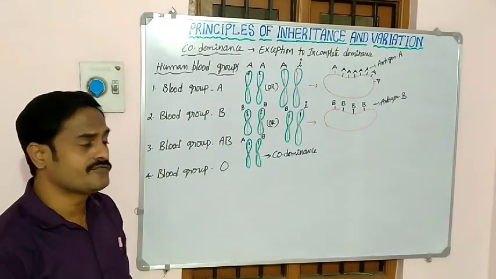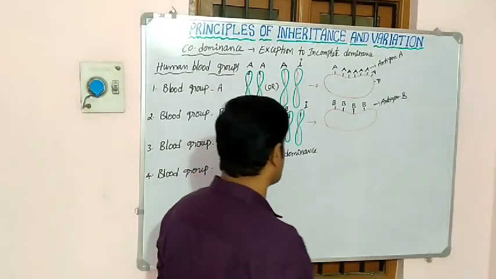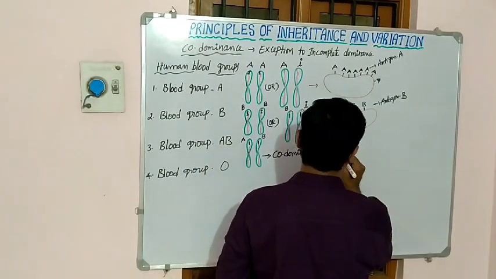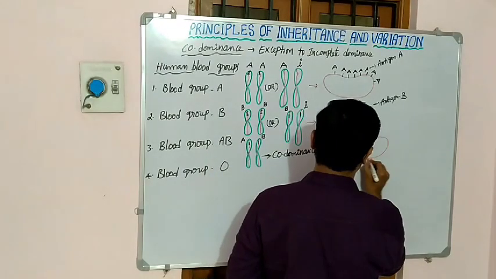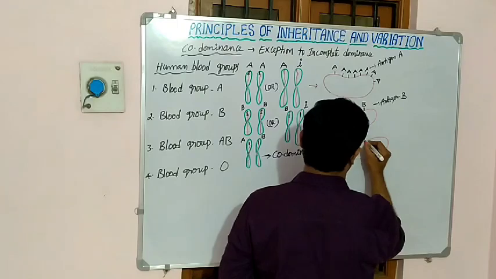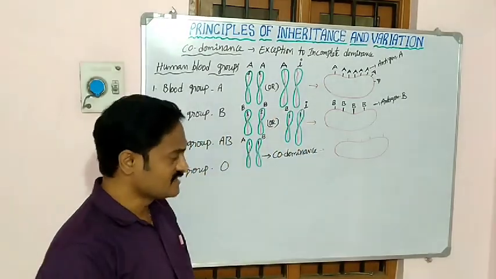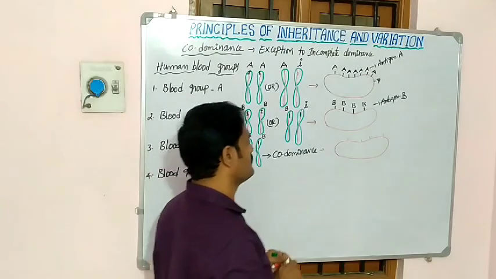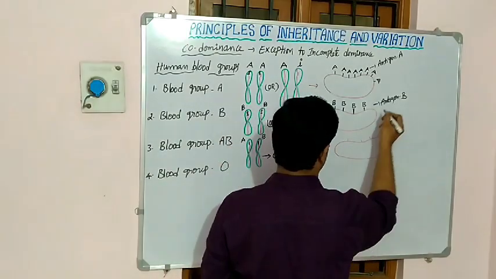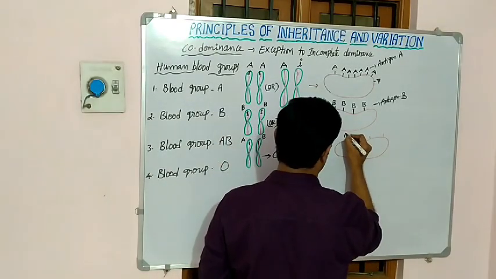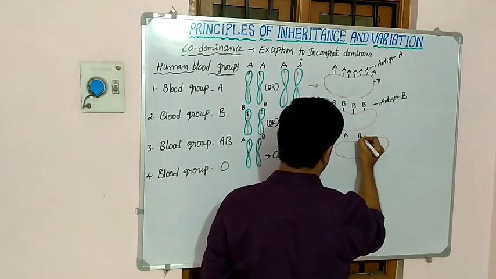So what kind of antigens are present on the RBC? So this is the RBC cell. Above the RBC cell there are proteins, and the proteins consist of two types of antigens. Antigen A present, antigen B present.